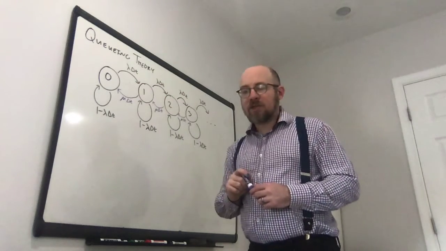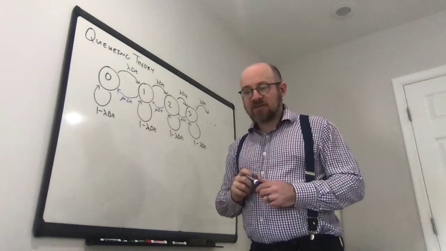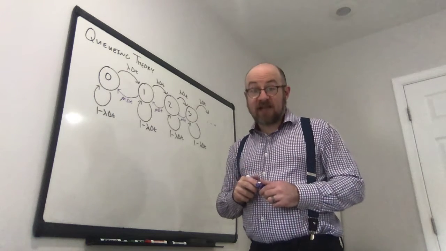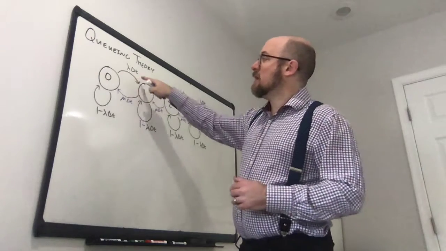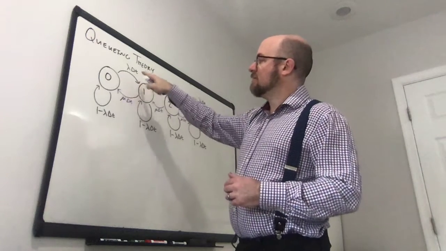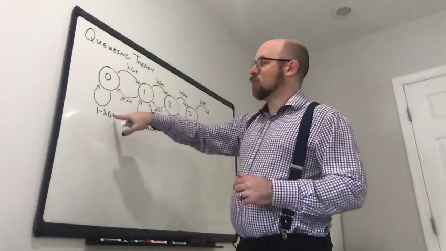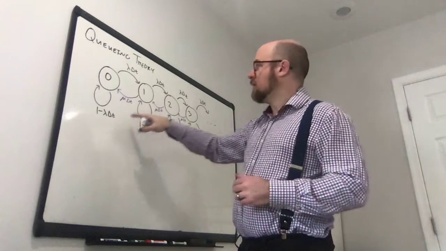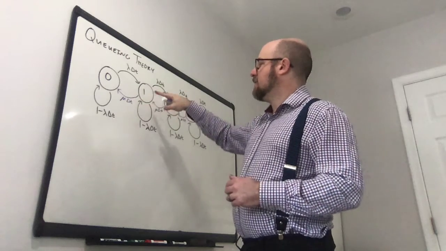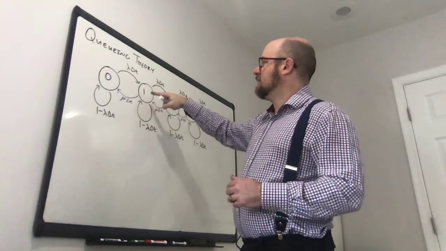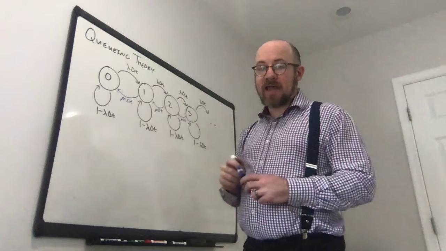so we're going to put that in here. But notice now that we're in a situation where some of these violate our Markov chain condition. Okay? So if you sum up the arrows going out of 0, it's still 1. Lambda delta t plus 1 minus lambda delta t adds up to 1. But the arrows going out of this state, mu delta t, 1 minus lambda delta t, don't quite add up.